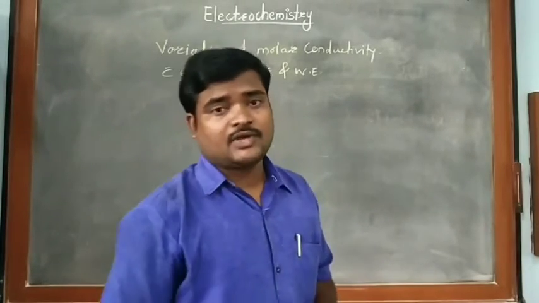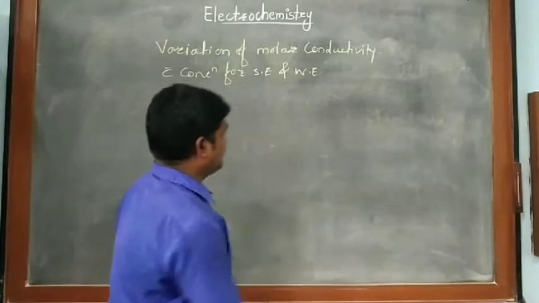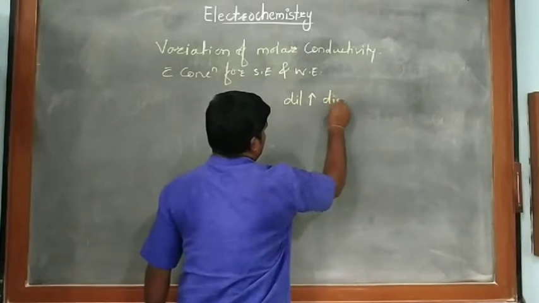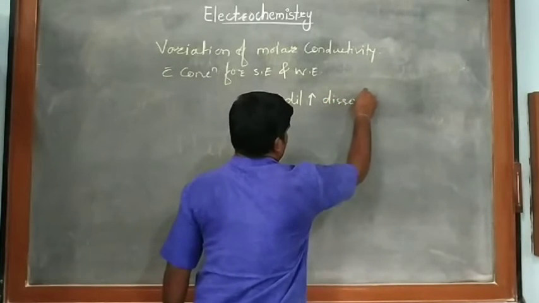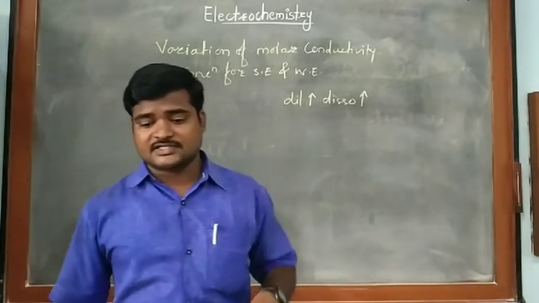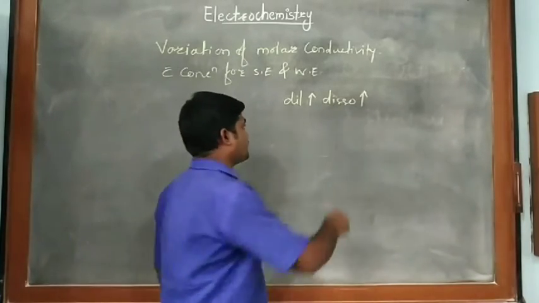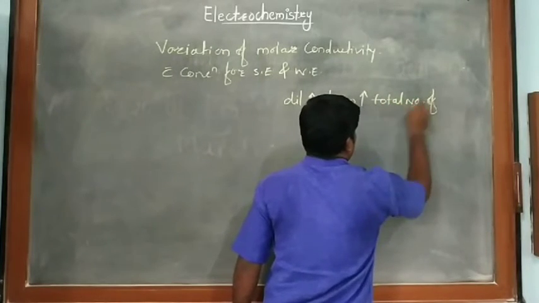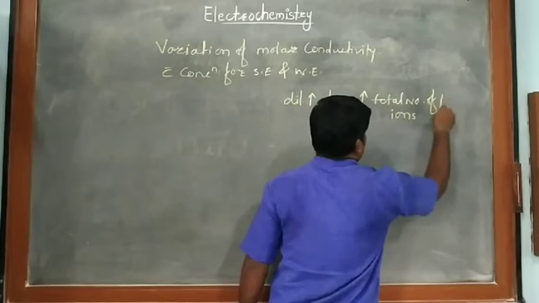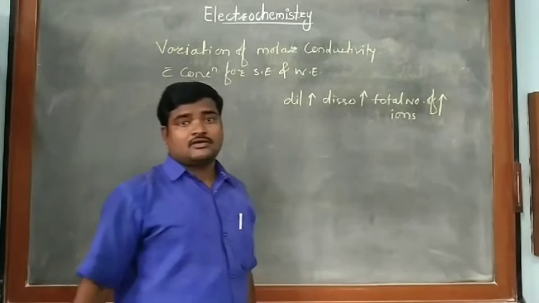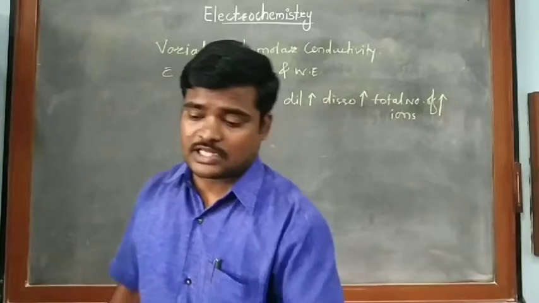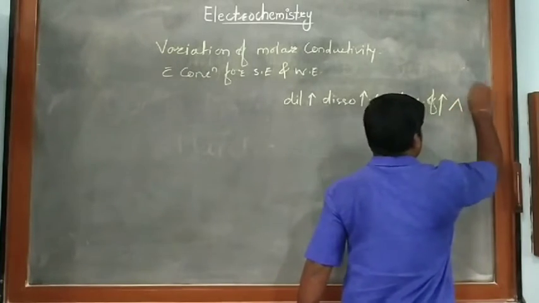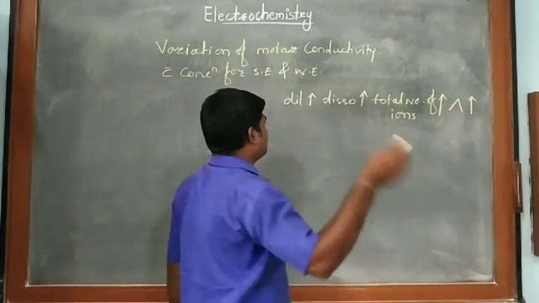Means students, in short, we can say that as dilution increases, dissociation also increases. This results in an increase in the total number of ions. Now what it affects is another factor, that is molar conductivity, that is lambda, which increases.